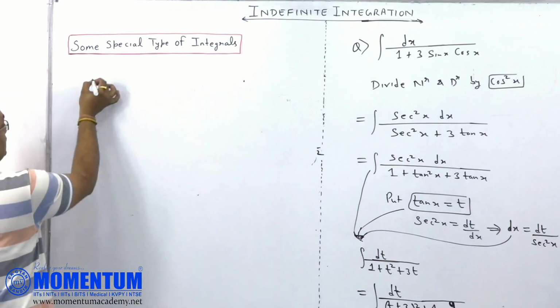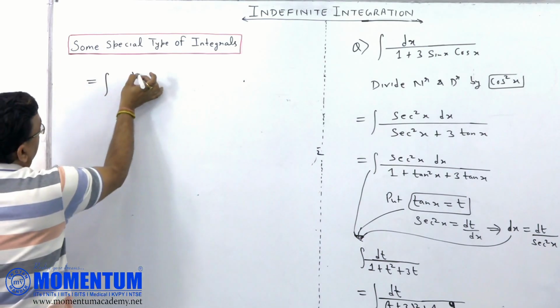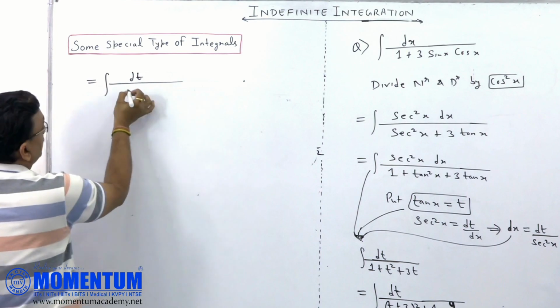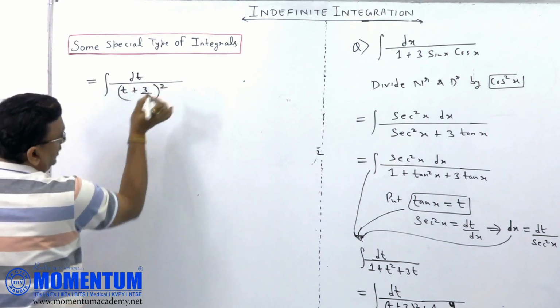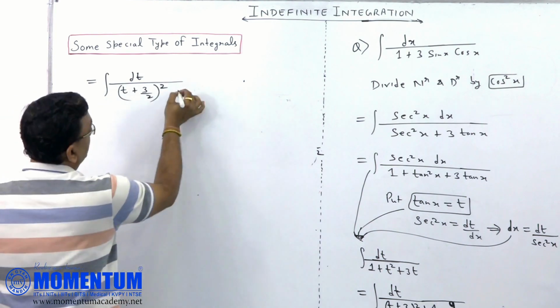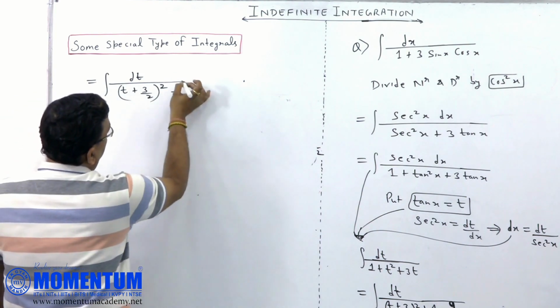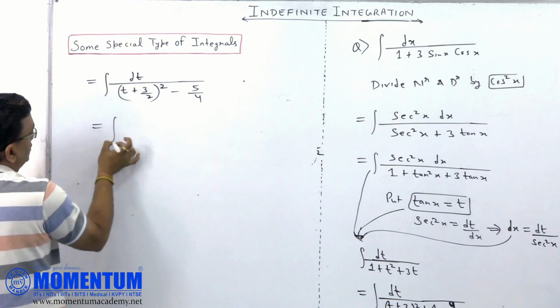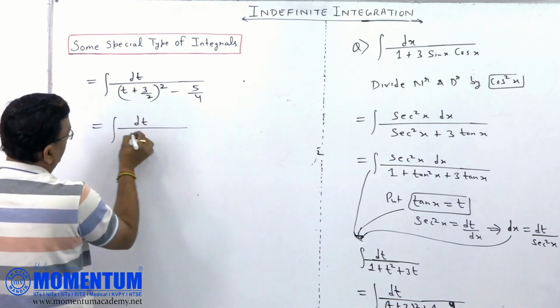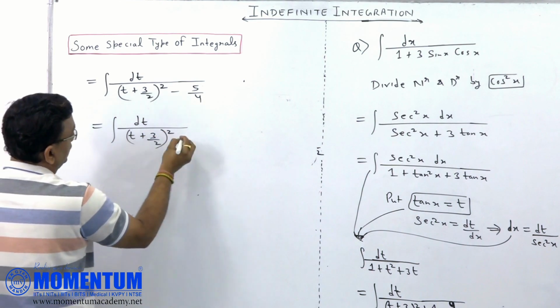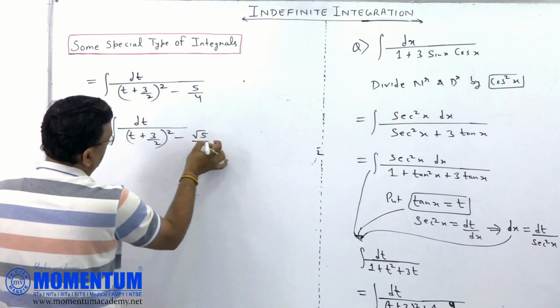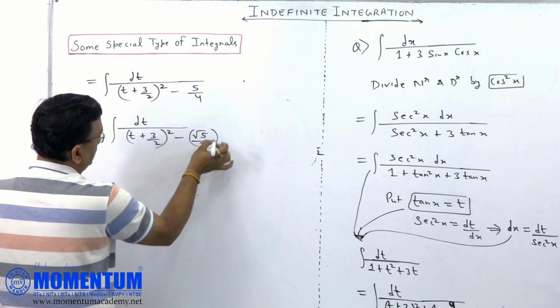So now it is integration of 1 upon t plus 3 by 2 whole square minus 5 by 4. So integration of 1 upon t plus 3 by 2 whole square minus root 5 by 2 whole square.